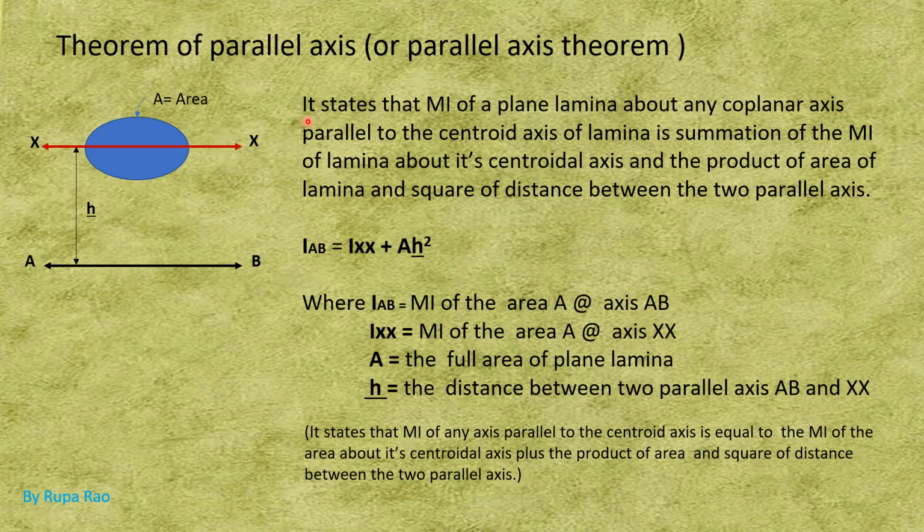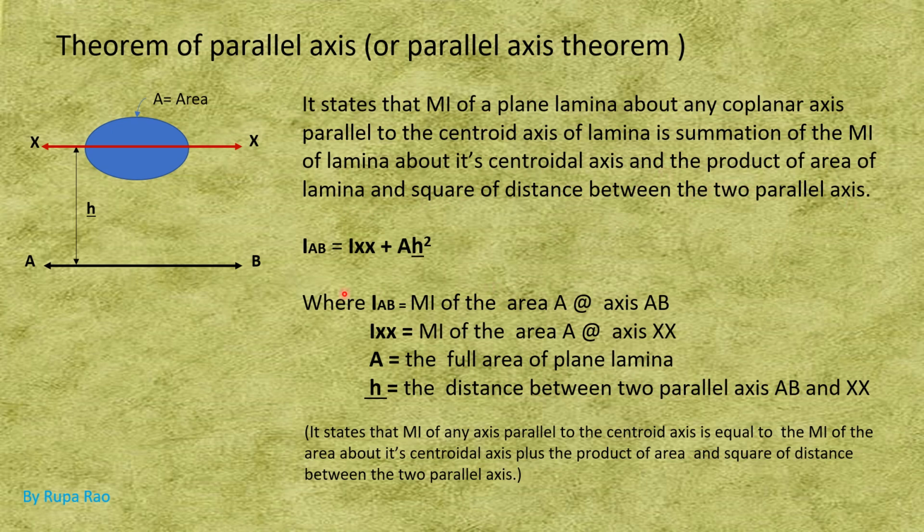The statement is like this. It states that the MI of a plane lamina about any coplanar axis parallel to the centroidal axis of the lamina is the summation of the MI of the lamina about its centroidal axis and the product of the area of the lamina and the square of the distance between the two parallel axes.